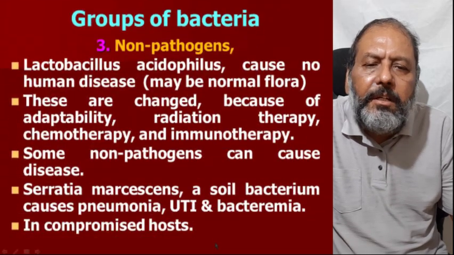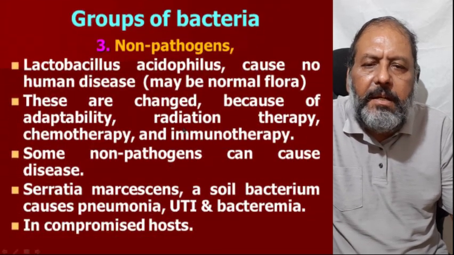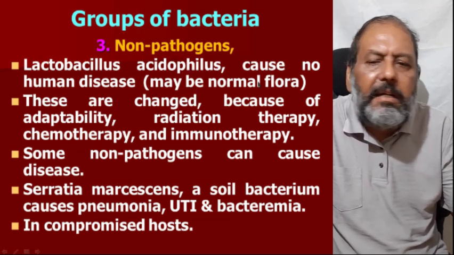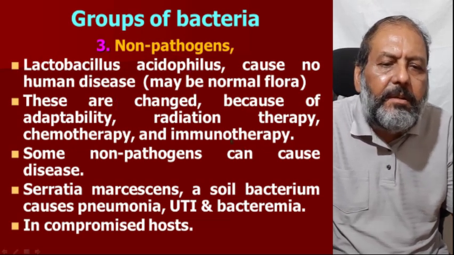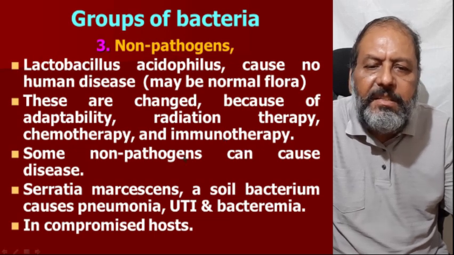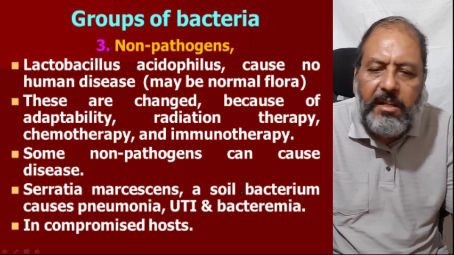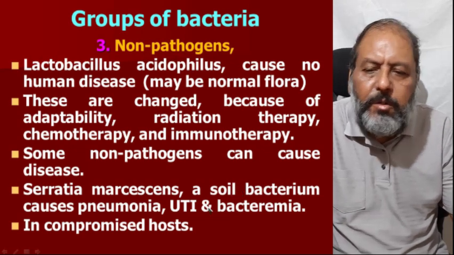And the other group of bacteria is the non-pathogens. These are like Lactobacillus acidophilus, which causes no human disease and may be normal flora. These can change because of adaptability, radiation therapy, chemotherapy, and immunotherapy.